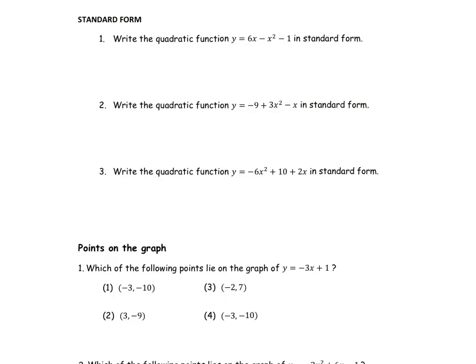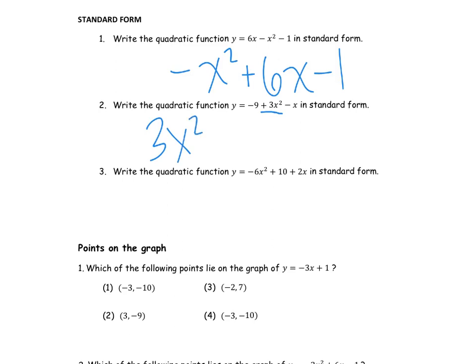Alright, so very quickly I'm going to go through a few more problems over here. So standard form, we already talked about this. You need to have the highest degree, so the highest exponent out front, and then going from highest to lowest order. So we're going to rewrite this as -x squared plus 6x minus 1. For the second one, again, we need to go in order. 3x squared will be first.